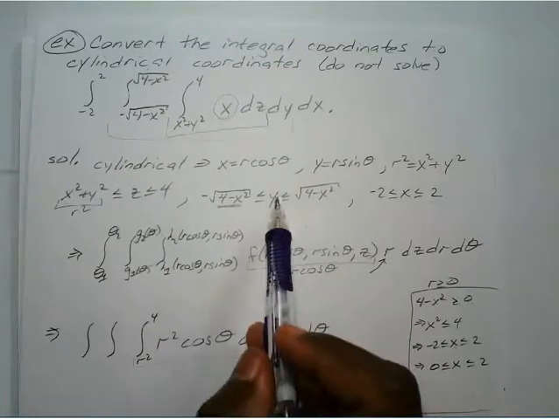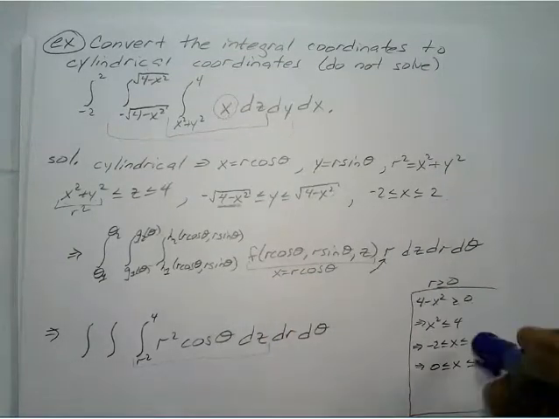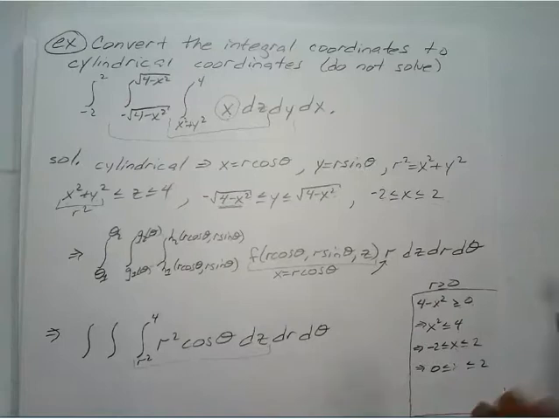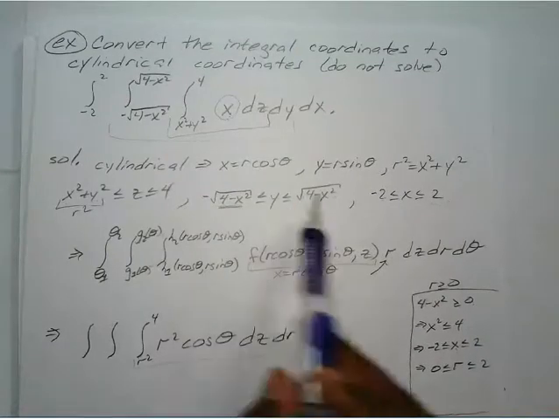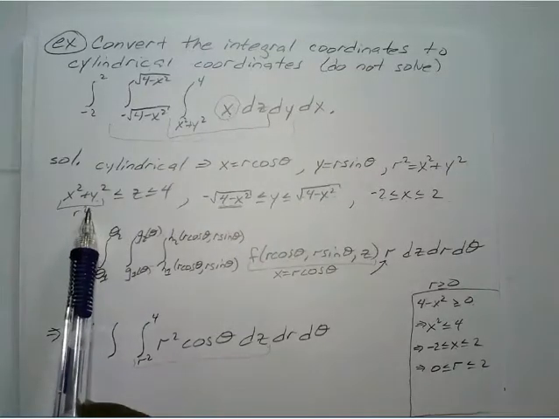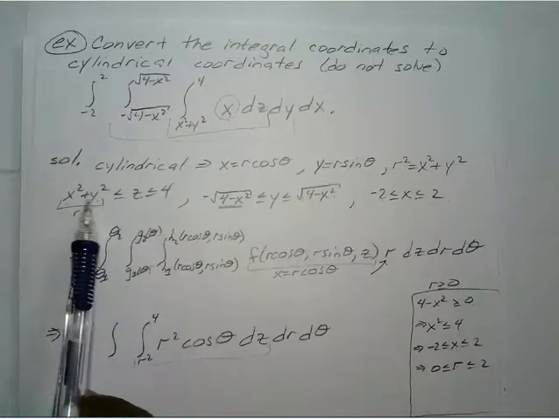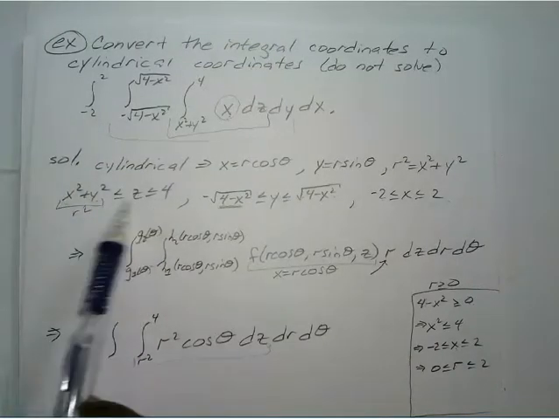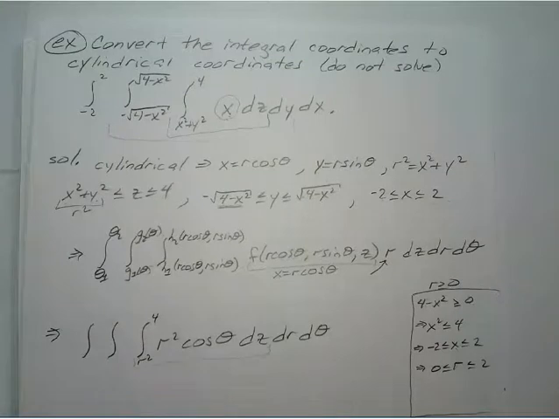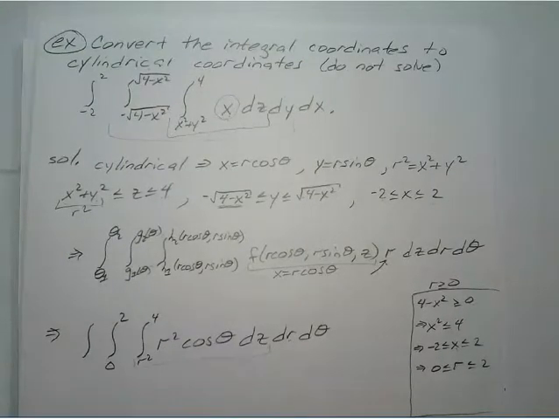It's going to be that way for y and for x, so you can change that to your radius, since that's true for both. You also see it here: z is less than or equal to 4, so x squared plus y squared has to be less than or equal to 4. So our radius is between 0 and 2.